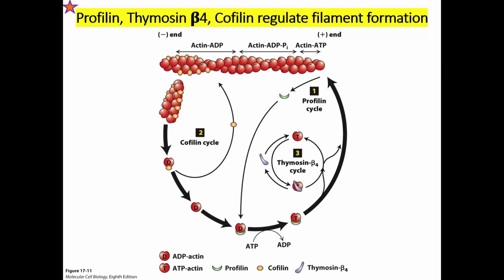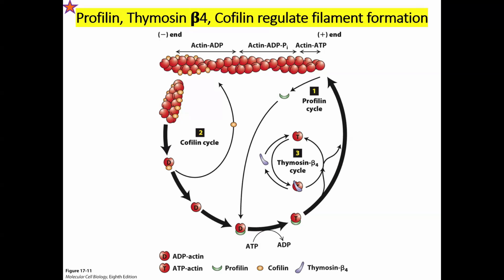When a cell is moving, you are polymerizing and depolymerizing this actin, and that needs to happen at extremely fast speed. The natural dissociation of actin ADP molecules one at a time is not fast enough. So there are some processes to speed it up.